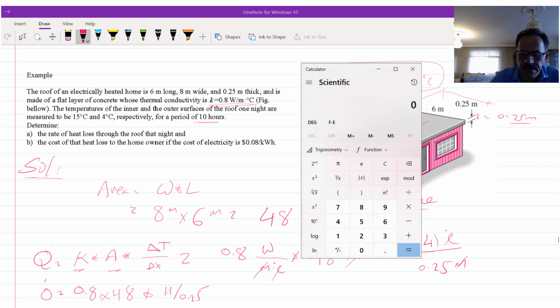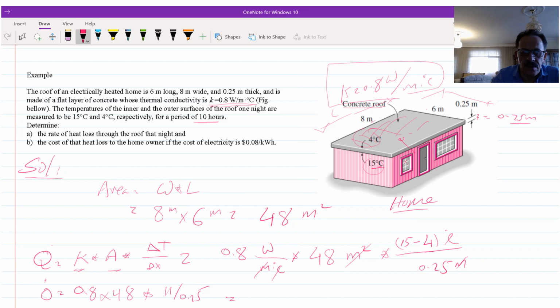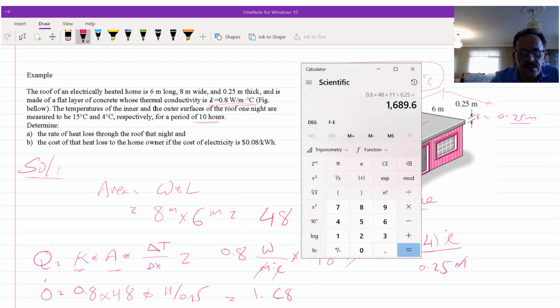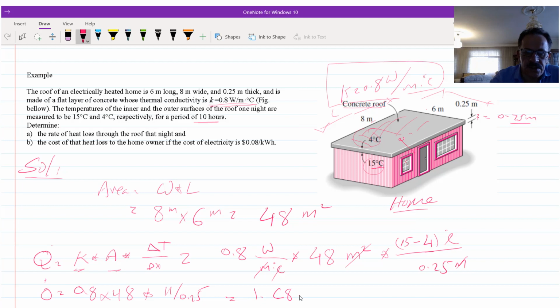0.8 times 48 times 11 divided by 0.25, so it's about 1.689 kilowatt.